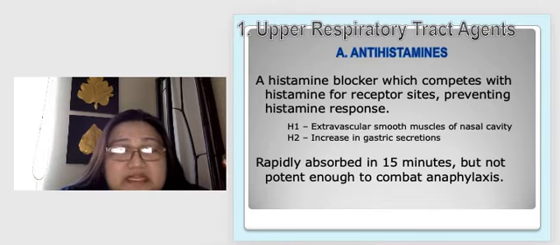So we will be dealing with some of the H2 antihistamines dun sa ating drugs affecting the digestive system. Ang mga antihistamines ay rapidly absorbed in 15 minutes, but it is not potent enough to combat anaphylaxis. Effective siya only for mild allergy.